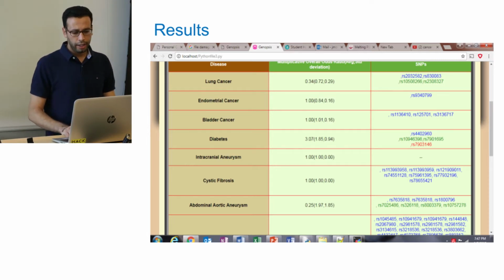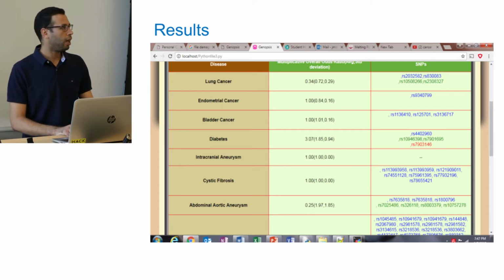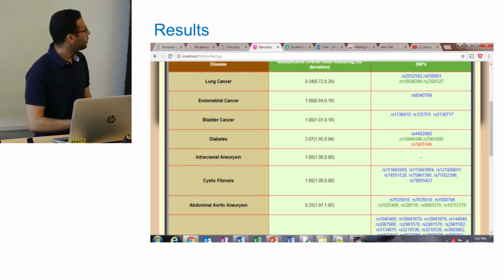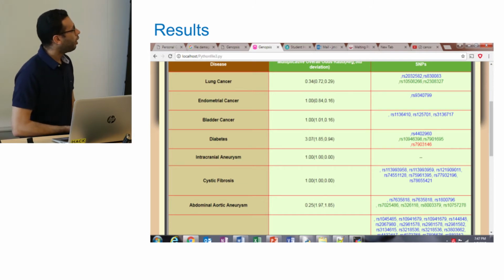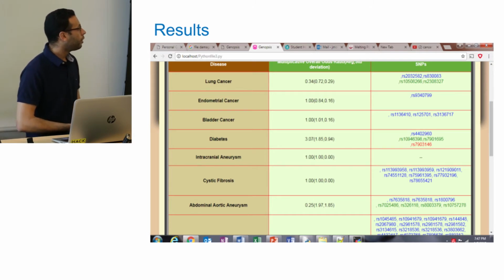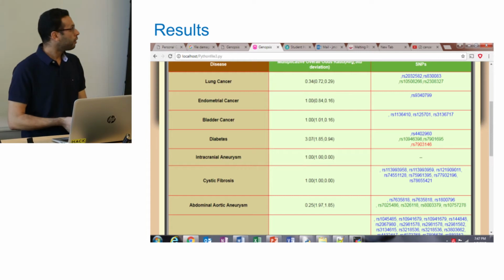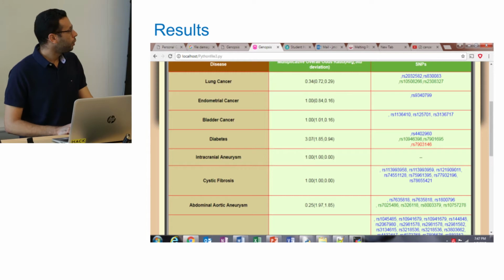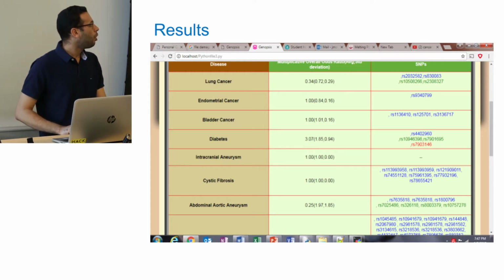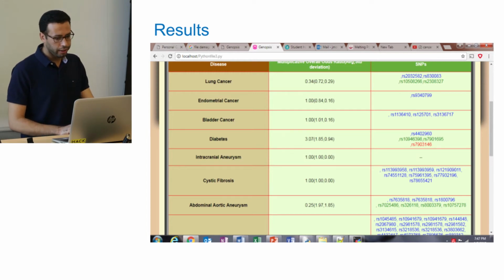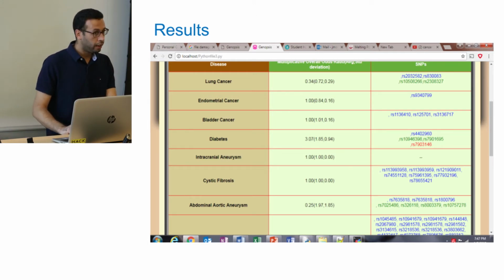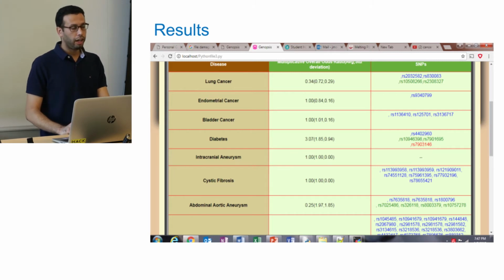On the right side, we have the SNPs corresponding to such diseases. We have different colors for different SNPs. The blue color means you have no risk allele in your SNP. The green color means you have one risk allele, and the red color means you have two risk alleles, which gives you a high chance of having such a disease.